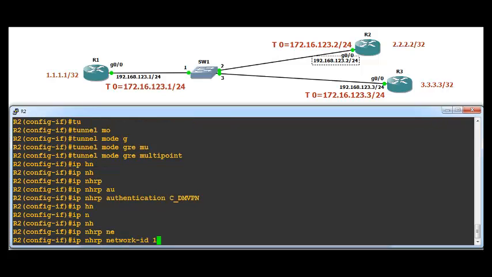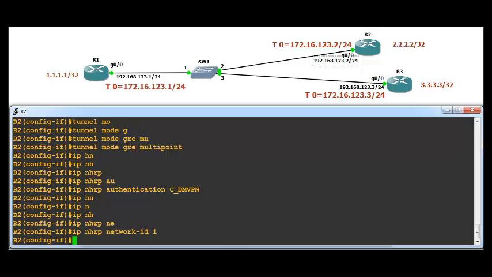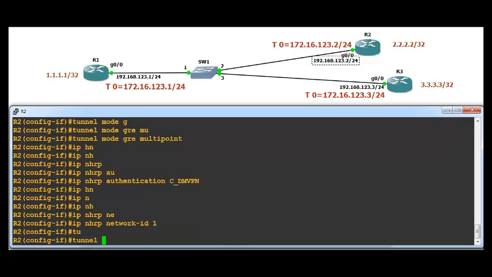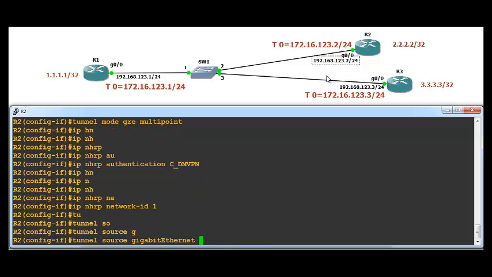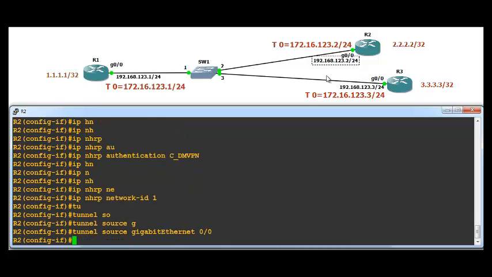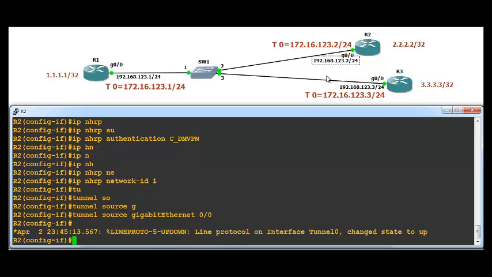I think I gave 1 there; here also I give the same thing. And then tunnel source will be the physical interface through which we are going to negotiate, so I'm going to say GigabitEthernet 0/0. Now these things are common.